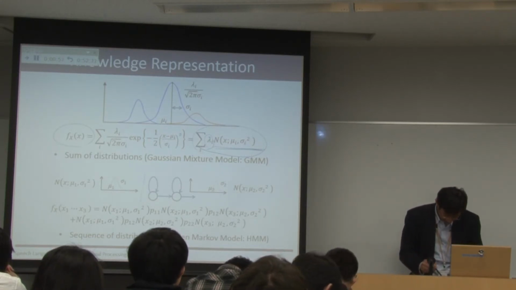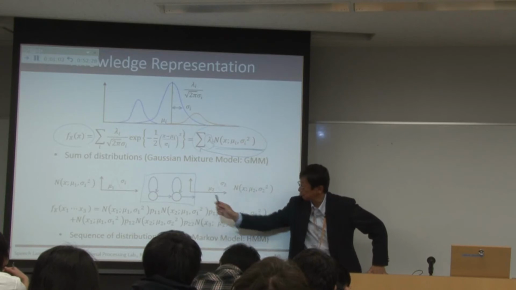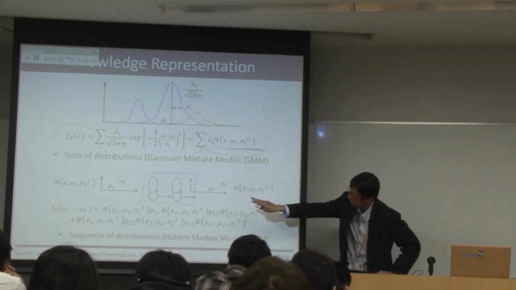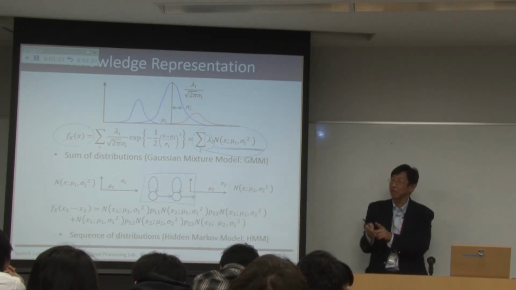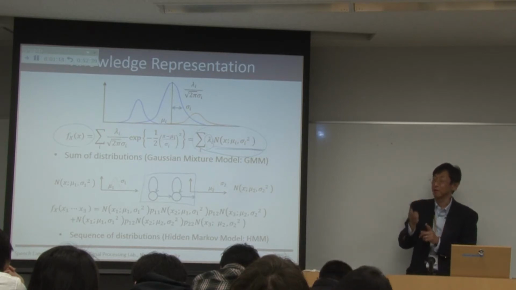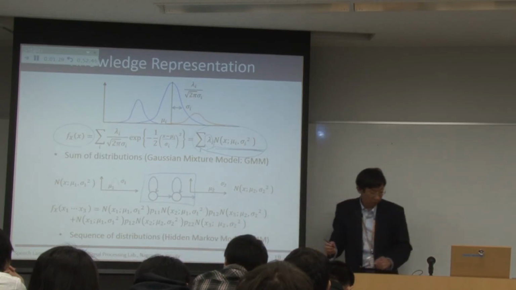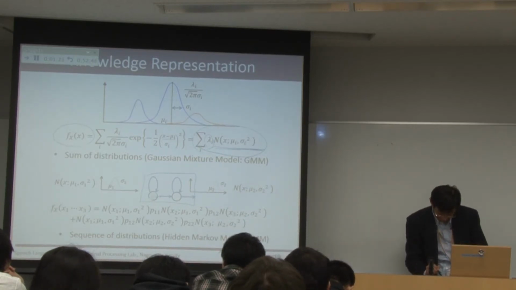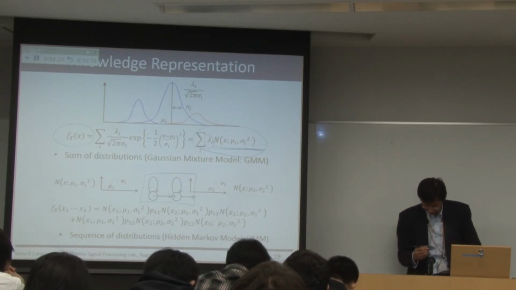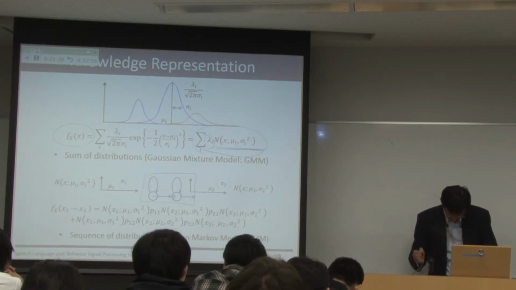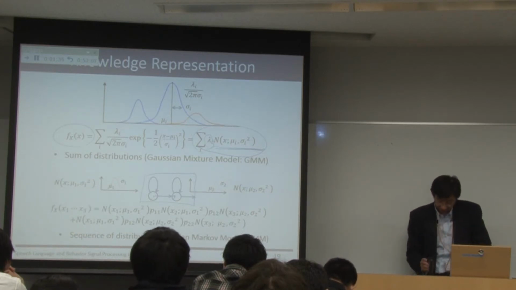the Markov model is very useful. A Markov model is a model which has multiple states, like multiple distributions, but each state is connected by a directional line, directional path, or arrow, in other words. So you can move from here to there, from here to here, by observing or injecting some stochastic value or signal.